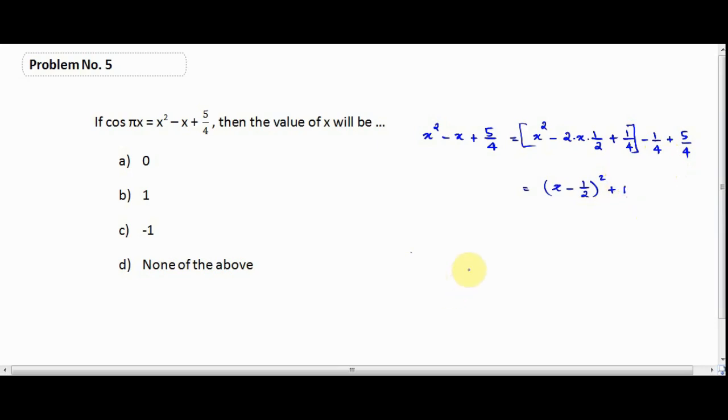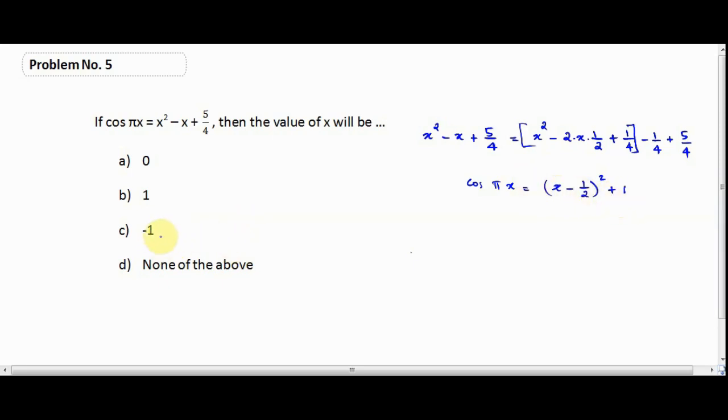So the value of cos pi x is nothing but x minus 1 by 2 whole square plus 1. Now if you substitute x values from these options here, you can see that when you substitute 0 here, you will be getting a value which is greater than 1. When you substitute x equal to 1 here, again you will be getting a value which is greater than 1.